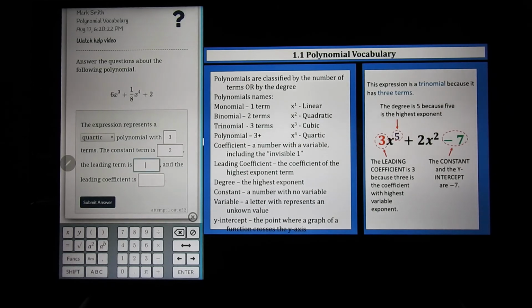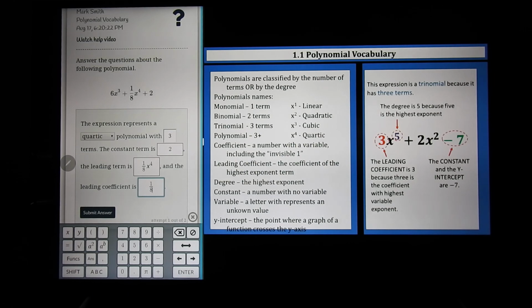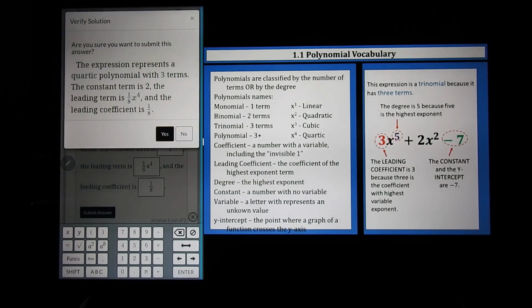So we're going to put that 2nd term in here, 1 divided by 8, arrow, x, and I have to put my own exponent in, to the 4th. Okay, and the leading coefficient is what's in front of that, which is 1 divided by 8. Submit that answer.